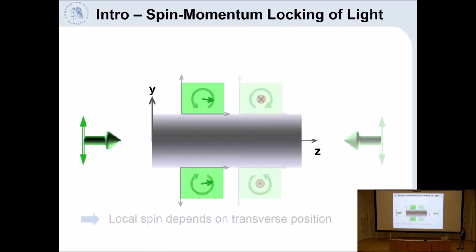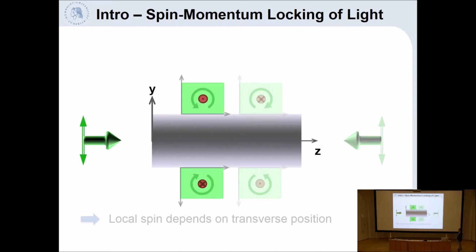For the following, what is also important is the fact that if I now change the direction of propagation of the beam, so I send my light not from the right but from the left into my waveguide, then this is the same as running this movie backwards, and then of course if the field turns clockwise for left propagating light, then it has to turn counterclockwise for right propagating light.